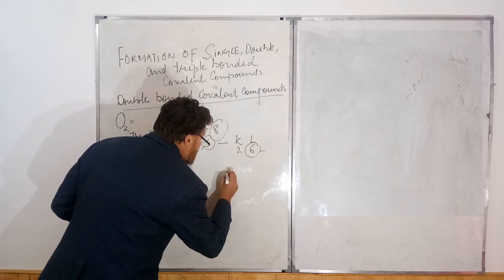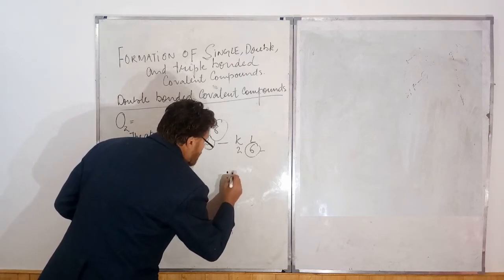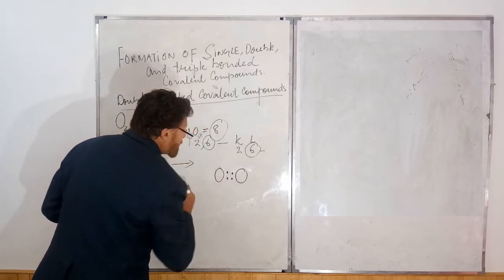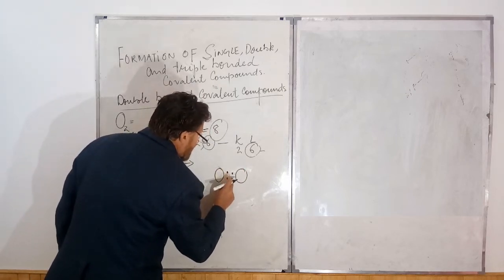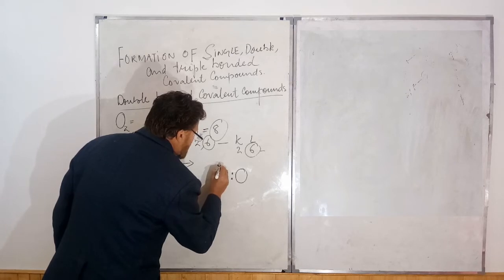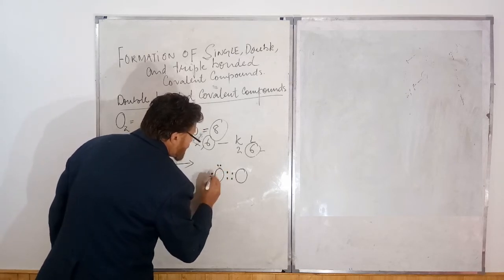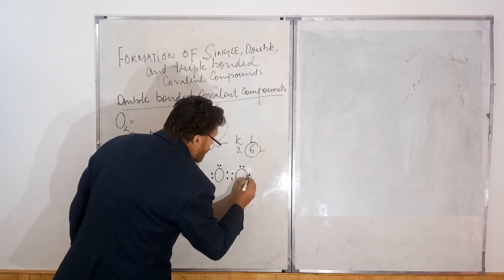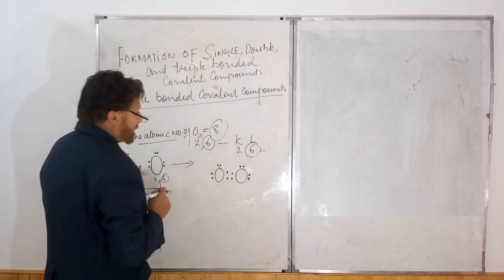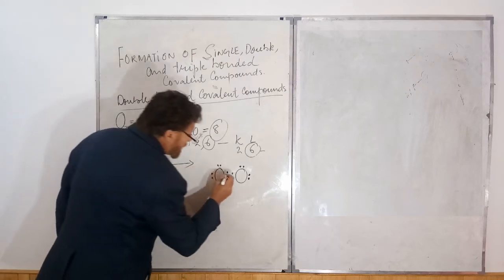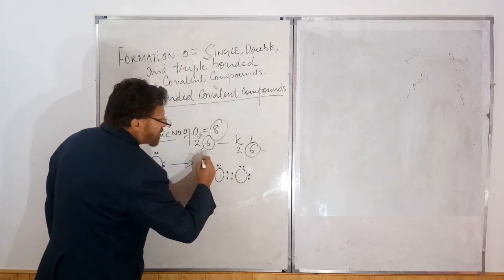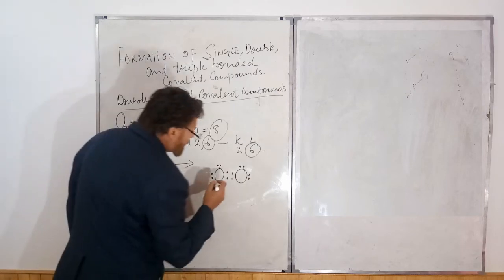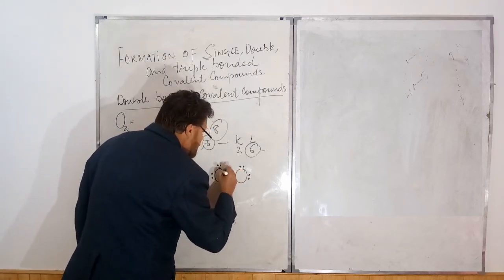Oxygen, oxygen: 1, 2, 3, 4, 5, 6, 7, 8. Here you have to count these 4 shared electrons for both oxygen atoms.